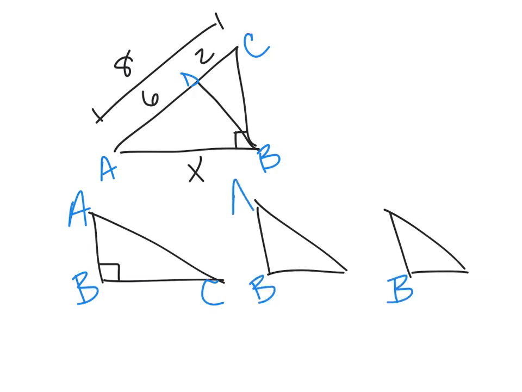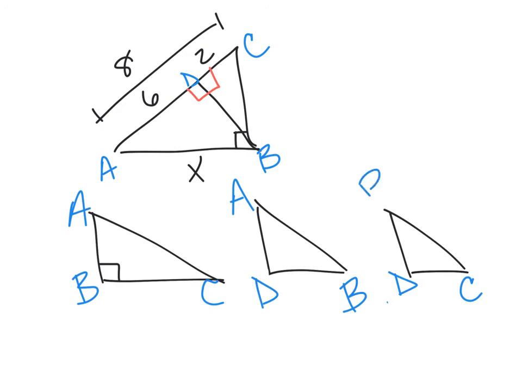And the A has to correspond to A, which makes this... no, that's not the right angle. Oy, oy, oy. Just when I thought I was having fun. Sorry. The right angle for those is D. Okay, so A has to correspond to A, so this is ADB. And C has to correspond to C, so this is CD.